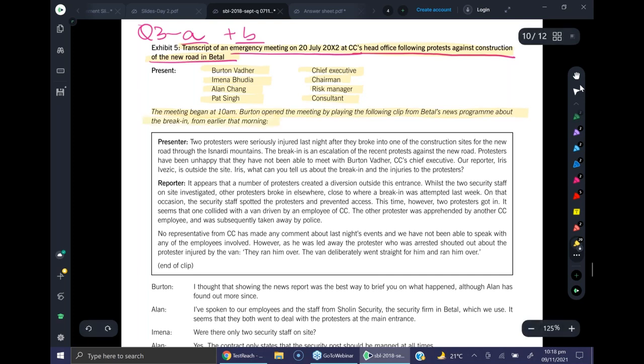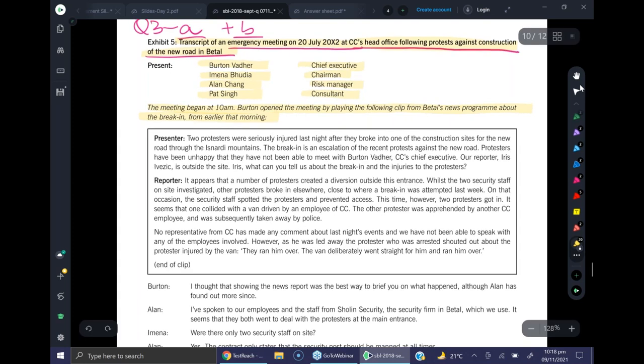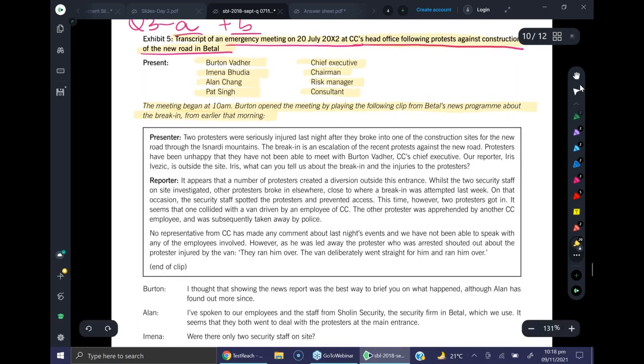So they are kind of telling you what happened. There's this clip which was played in the meeting, and here we have the summary of what was in the clip. So presenters said 2 protesters were seriously injured last night after they broke into one of the construction sites for the new road through the Ainerdi Mountains.